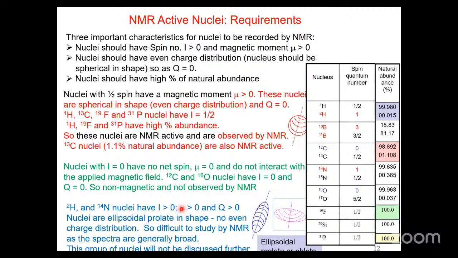So these nuclei will have a magnetic moment greater than 0. Q is also greater than 0, and these nuclei will not be spherical. They will have a different shape like an ellipsoid. We can get the spectrum for these nuclei, but it will be difficult to interpret.